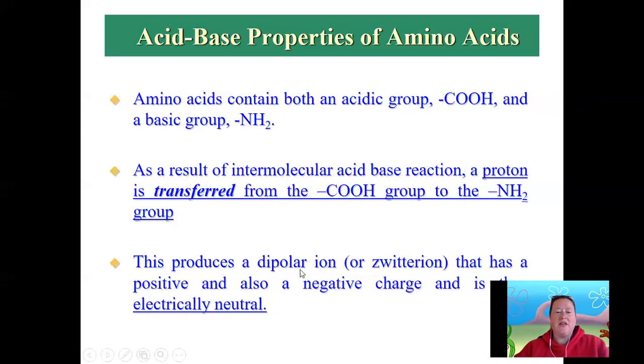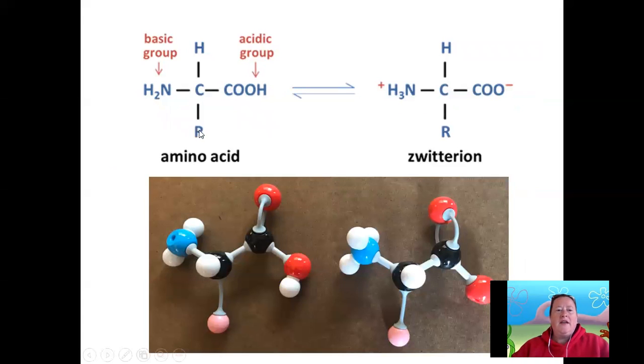So this produces dipolar, meaning in this molecule there are two regions of charge, one on the carboxylate side with the negative and on the amino side with the positive. But the whole thing is electrically neutral. So here is an amino acid that has a full COOH carboxylic acid group, and here is the basic group H2N, and here is the zwitterion form.